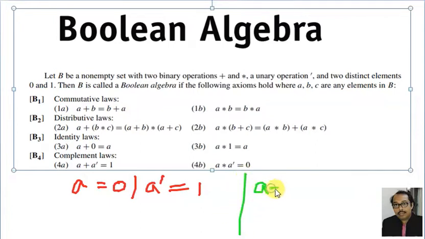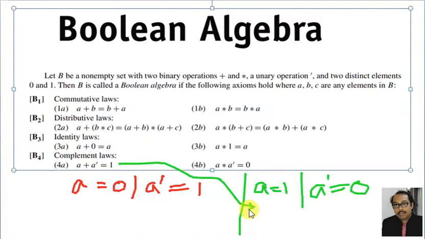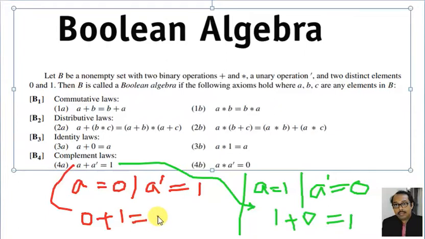Suppose a is 1, then a dash will be 0, correct? So what is the answer for this? When I am considering this one, a is 1 plus 0 is equal to 1. Now when I am considering the other, 0 plus 1 is equal to 1. So I have proved all these points. Clear?